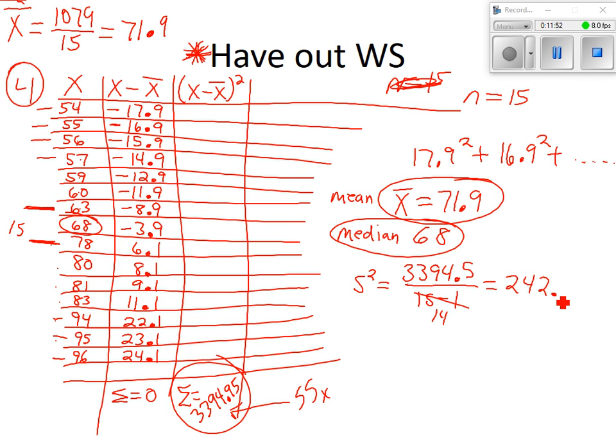Divide 3,394.95 by 14, that's 242.496. So 242.5. All right, so that's our variance.